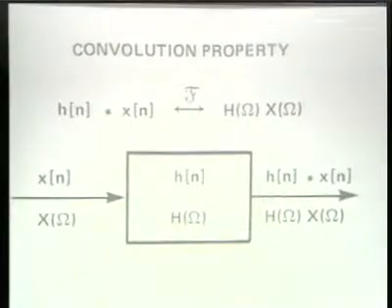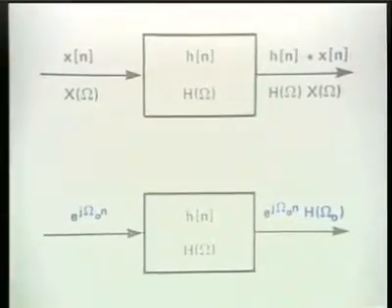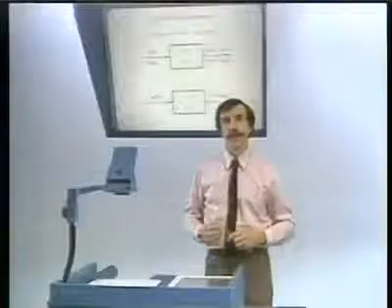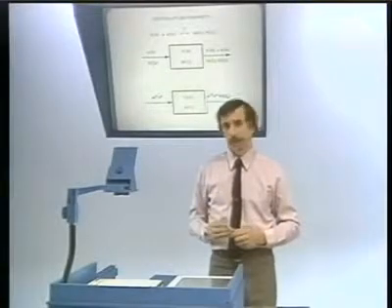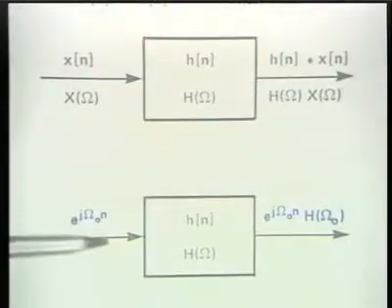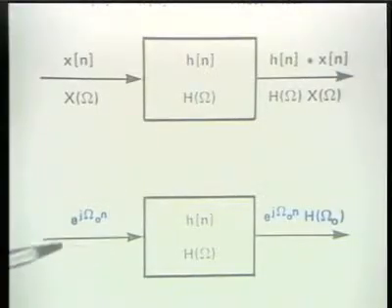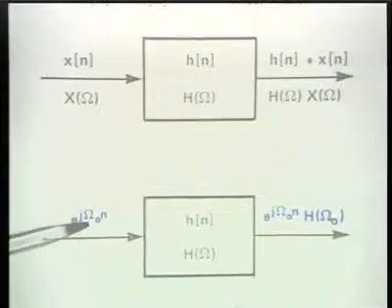Now, we also saw and have talked about a relationship between the Fourier transform of the impulse response and what we called the frequency response, in the context of the response of the system to a complex exponential. Specifically, complex exponentials are eigenfunctions of linear time invariant systems.